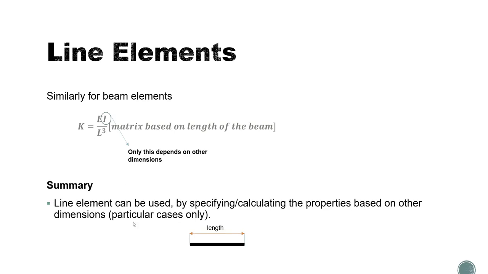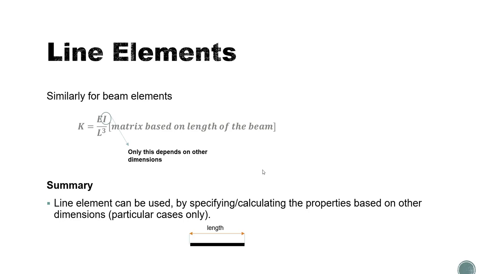So in summary, yes, line elements can be used if we specify the properties based on other dimensions. We have the length, which represents the size in one direction of the geometry, and then we have the cross-sectional properties that we specify using the type of the cross-section and its dimensions.